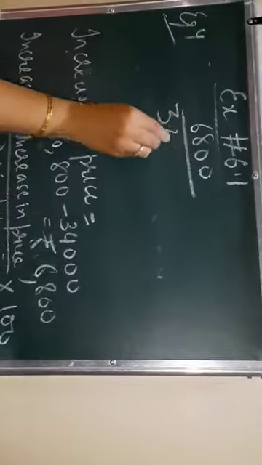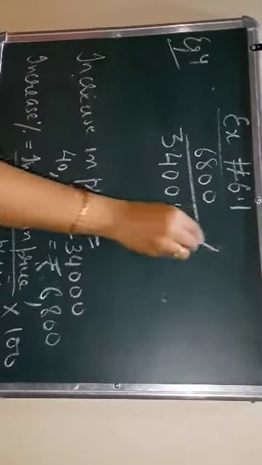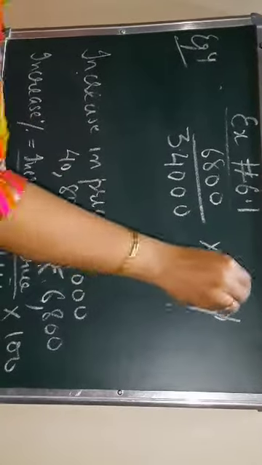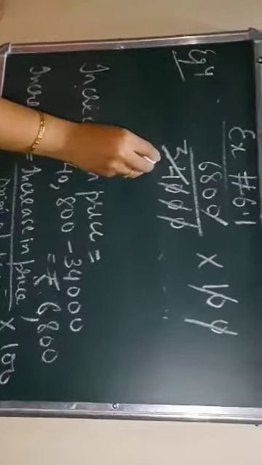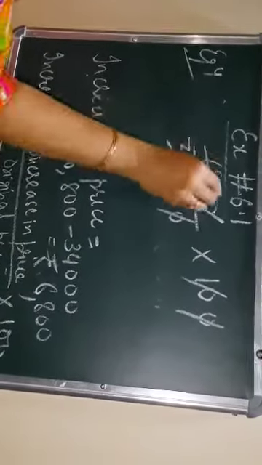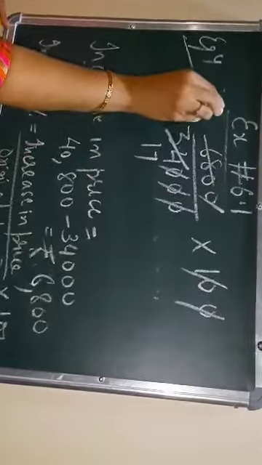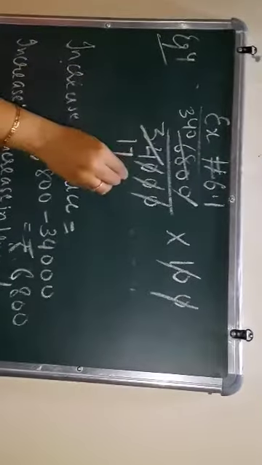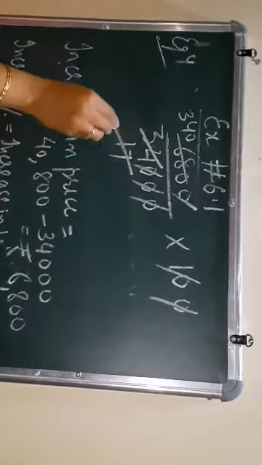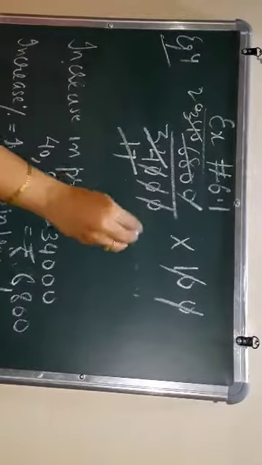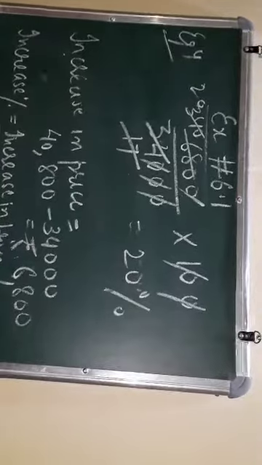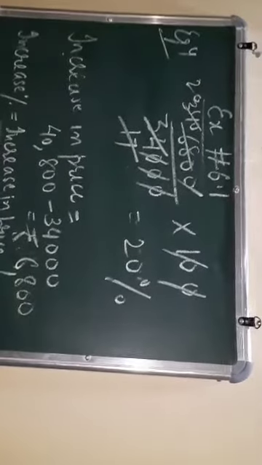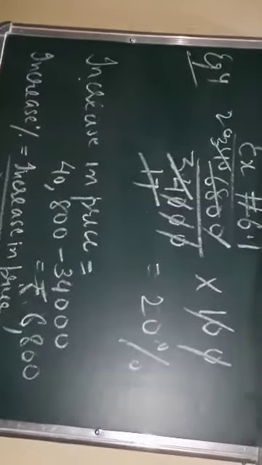Original price was 34,000. Multiply by 100. Do the cuttings. 34, or you can cut it by 17. Then it will be 340. Then again cut it, it will be 17 twos. So increase is 20%. So 20% the price has increased this year from the previous year. Right?